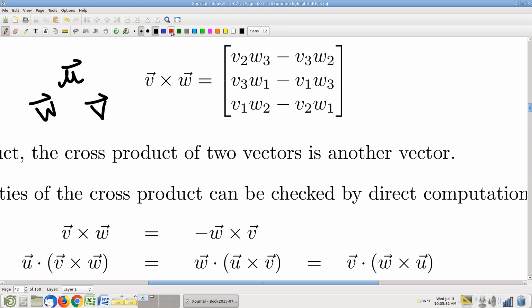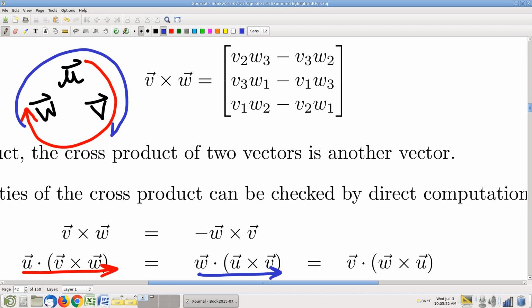Think of them as if I had them written in a circle. We're going around the circle of 3 vectors. And then what we have over here, w, u, v, goes around the circle in the same order, just starting from a different place. However you want to think about it.